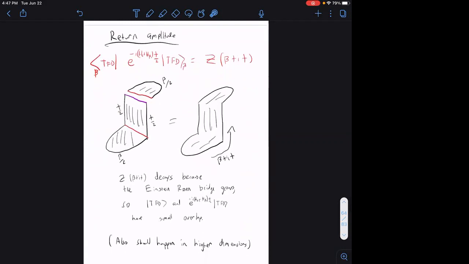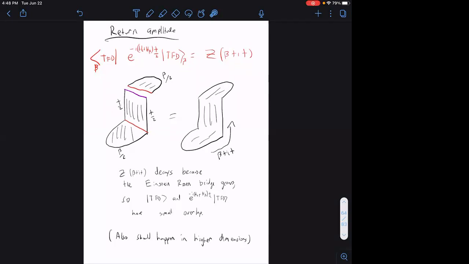So now let's get back to the spectral form factor. If we take this time evolved thermal field double state and take the overlap with the thermal field double at time 0, this turns out to be this analytically continued partition function, which we're interested in. We can think about this using the path integral like this. We can draw the path integral which prepares this time evolved state. It has a piece of Euclidean boundary of length beta over 2. It has some Lorentzian boundary.